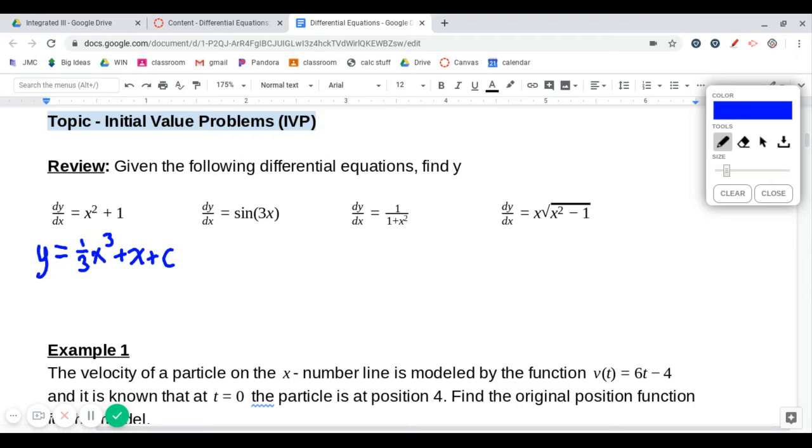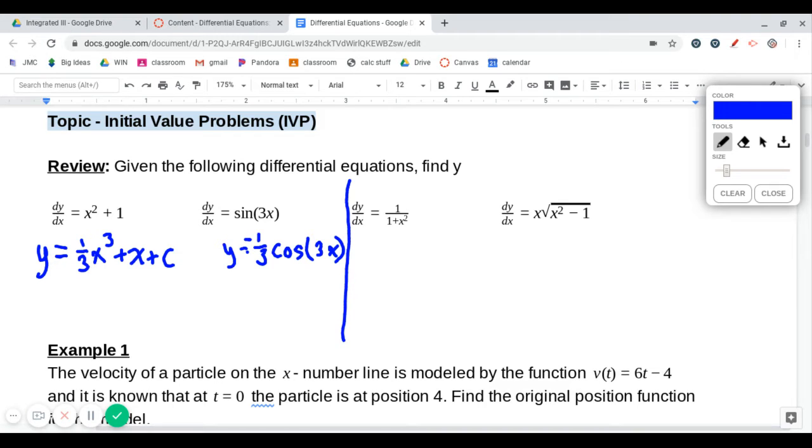For this one, we integrate both sides. We end up with y equals negative 1/3 cosine of 3x, because the derivative of negative cosine is sine. This next one is one that you will have to just know.